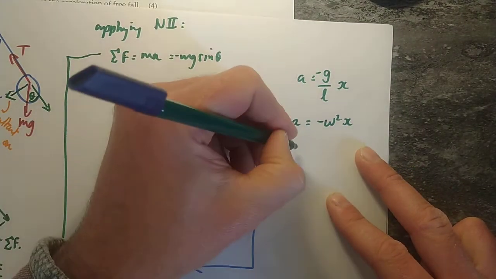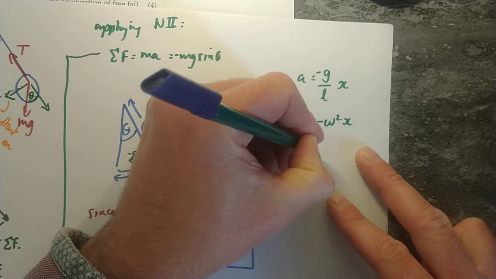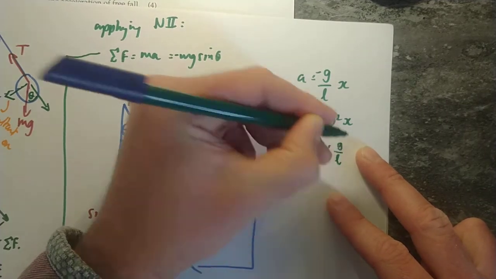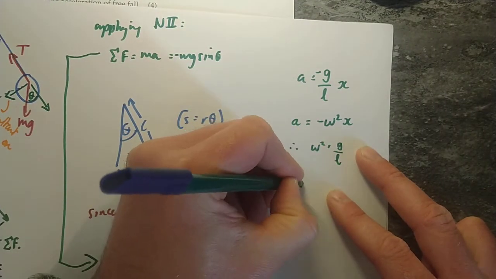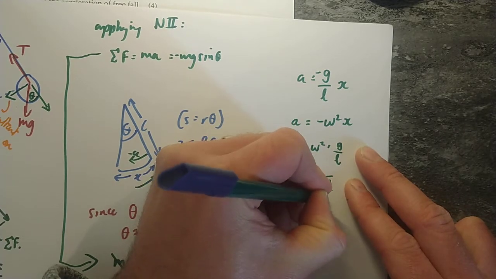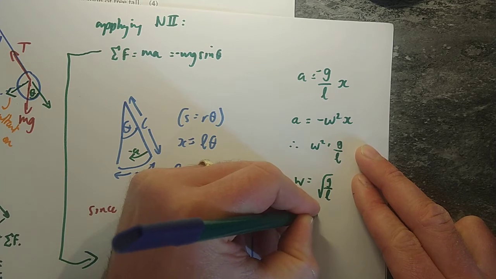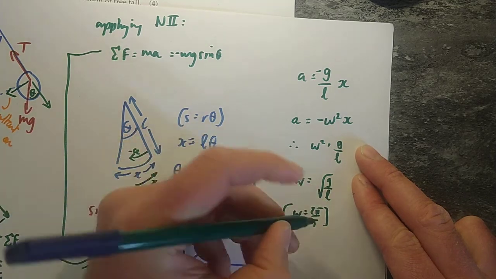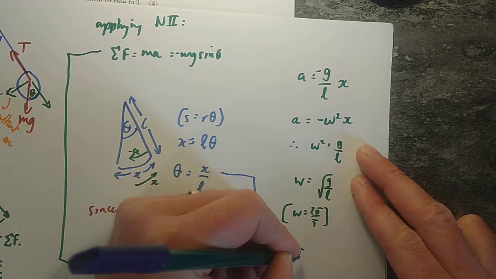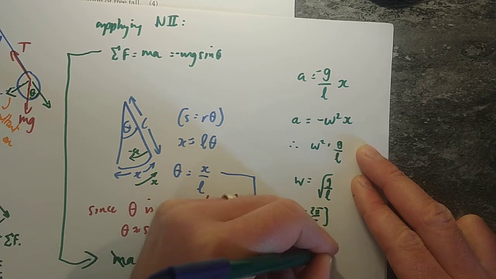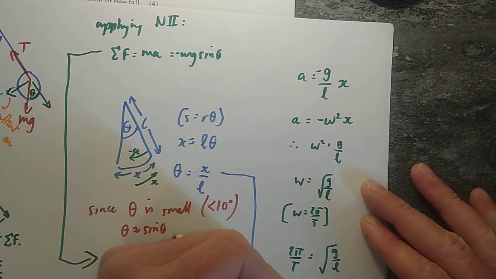And from this, therefore, we can show that omega squared equals g over L. Square root both sides, omega equals root g over L. We know that omega equals 2 pi over T. So 2 pi over T equals root g over L. Flip both sides.